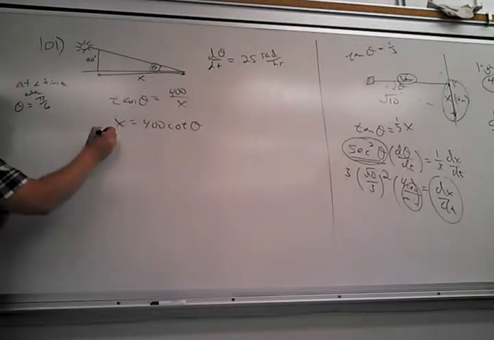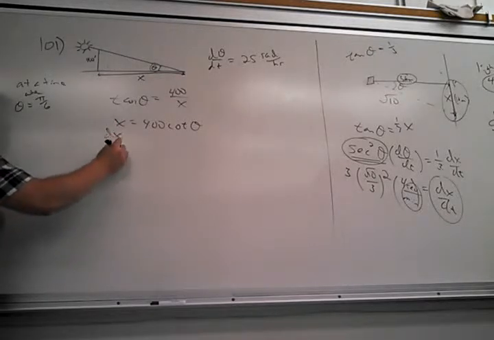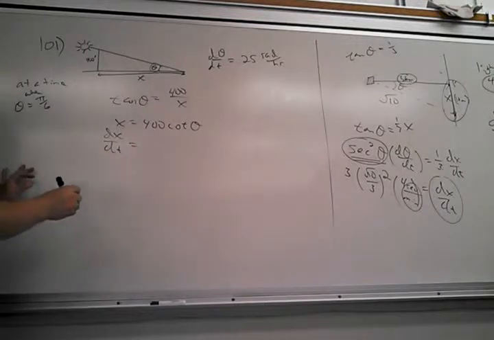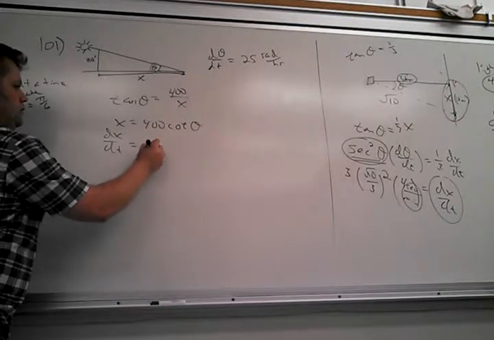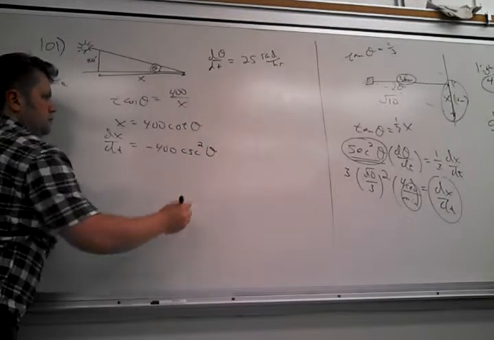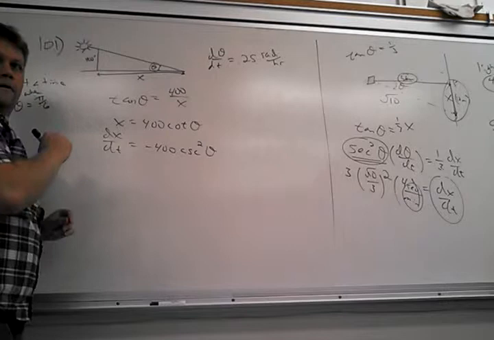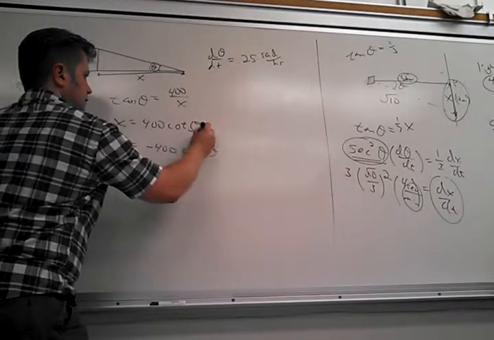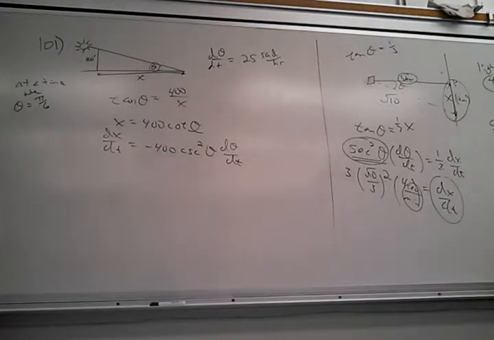So when you take this guy's derivative implicitly, dx/dt equals negative 400 cosecant squared theta, times d theta/dt. The inside has to get a turn: every variable that is changing over time has to have its turn, has a chain rule piece come out.